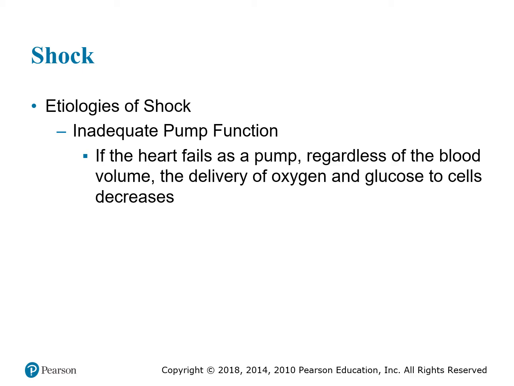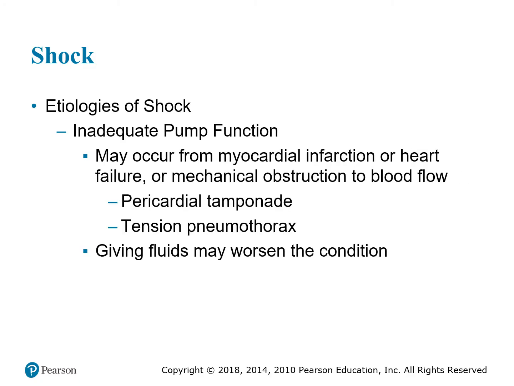Next etiology we'll cover is inadequate pump function. And this one is as straightforward as it can be, right? If your pump is not working, then you are not delivering nutrients, you're not delivering blood, and you're definitely not removing any waste from the body. Most common example of inadequate pump function is a heart attack, otherwise known as myocardial infarct.